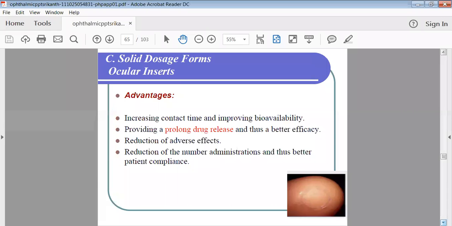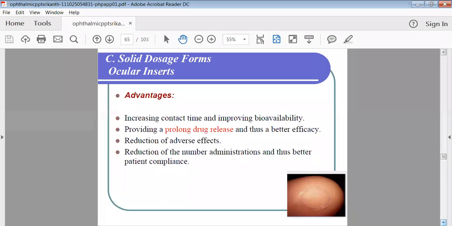Then it reduces adverse effects, because in the case of eye drops, sometimes you may not be able to measure the accurate dose. Sometimes you may administer an extra dose, or sometimes the preparation itself may cause an adverse effect. With ocular inserts, such problems are minimized.